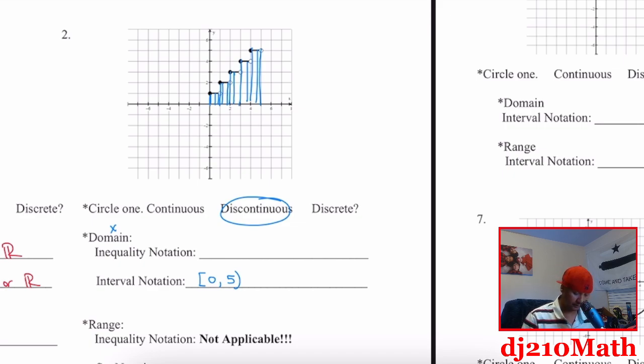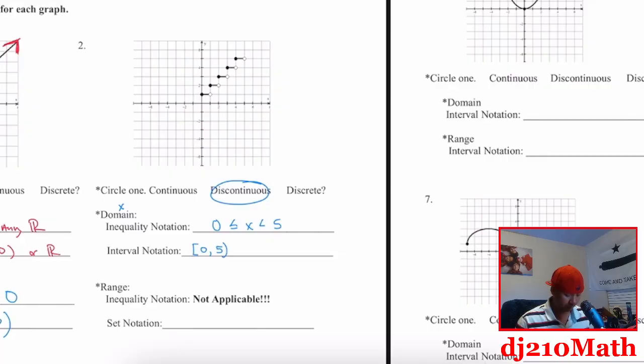As an inequality, right, from 0 to 5, we know x is in the middle. We want less than or equal, and then less than, because we're including 0, but we're not including 5.